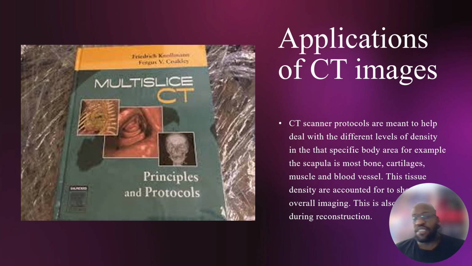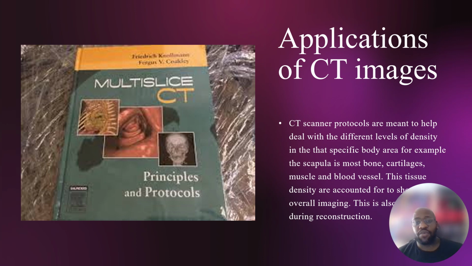Applications of CT images. So pretty much when I saw this, I thought of the protocols. For example, when you're using the CT imager in CT, or when you're using a cone beam on a treatment table, we pick certain protocols so that the machine understands what type of densities it's going to deal with in the body.